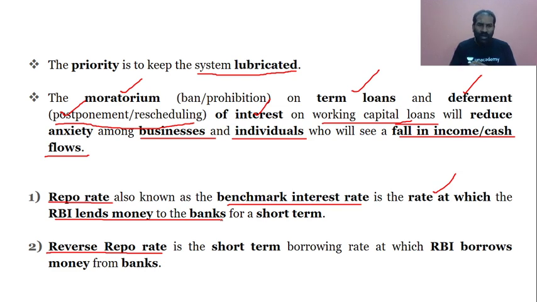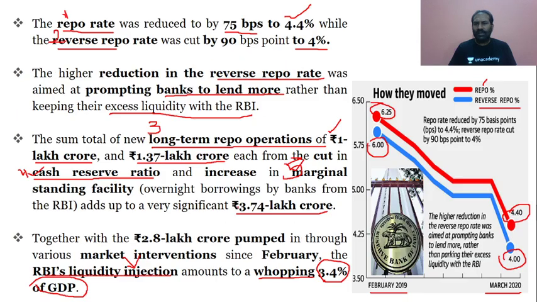That means when the RBI is giving money to the banks, they have to repay it with some interest rate. So that interest rate was earlier 6.25 percent. Then they have reduced it to 4 percent.